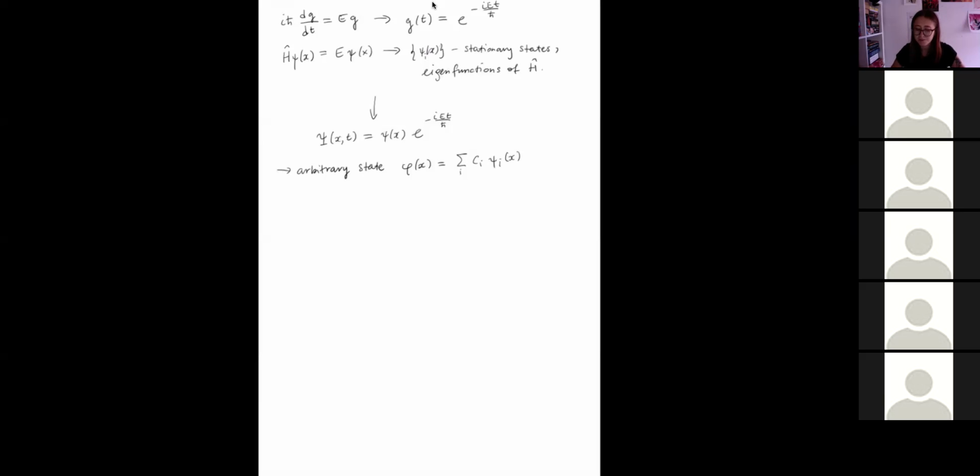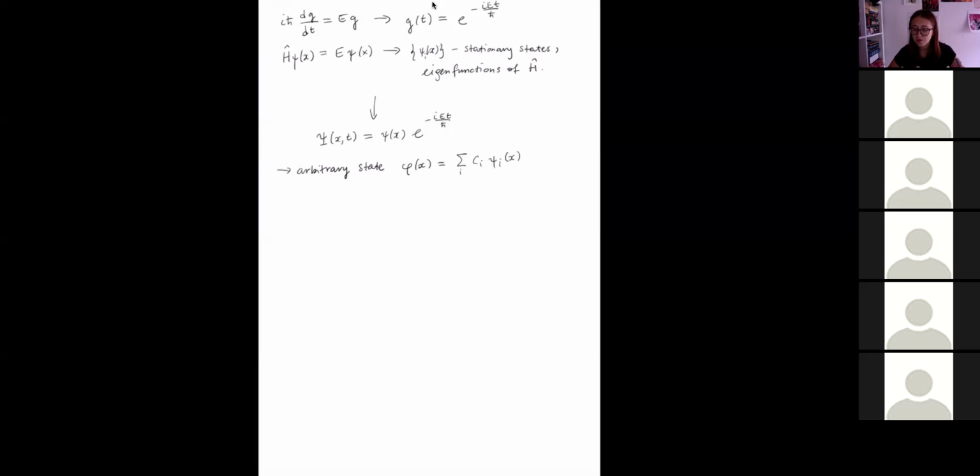And then, because we are able to decompose our arbitrary state into the eigenstates of the Hamiltonian, it's quite clear how this state evolves under the action of this Hamiltonian.